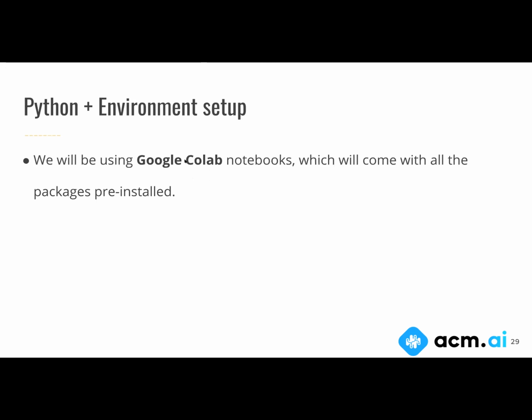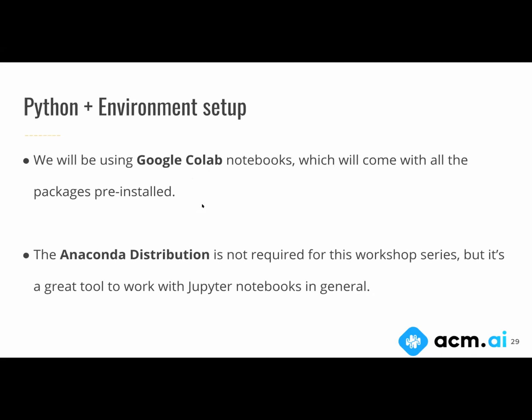We're going to be using Google Colab for our guided projects, which means you don't have to install anything. But alternatively, if you want to run Python on your local computer, we'll recommend the Anaconda distribution. Just know that it's not required for this workshop series, but it's still a great tool to work with Jupyter notebooks.